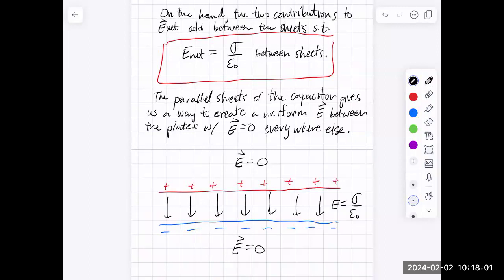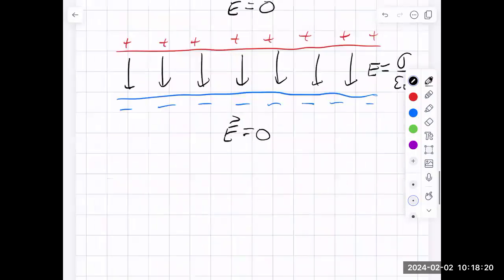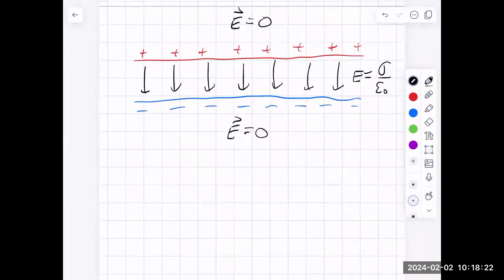In practice, we could never make infinite sheets, so they'll be finite in size. And so what you end up getting is these fringing fields, but they'll be very weak on the other side. They won't be a little bit stronger, they'll be very weak. Perfect.